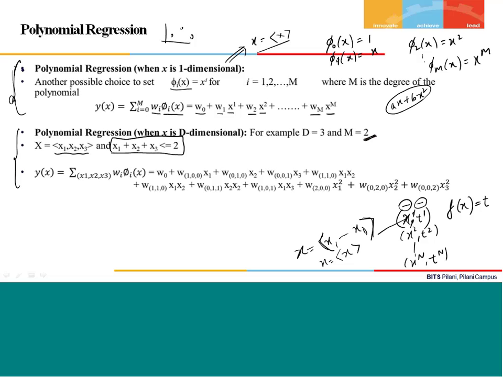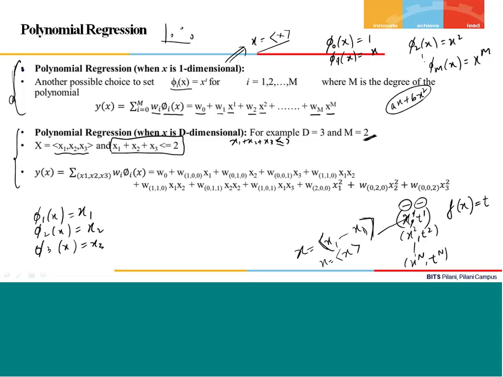When I take my first basis function, phi 1 of x, I just take directly my first component x1. Likewise phi 2 of x is my second component, phi 3 of x my third component. Because the sum cannot be greater than 2, I am taking the equation x1 plus x2 plus x3 such that all the combinations of x1, x2, x3 have a value less than or equal to 2.